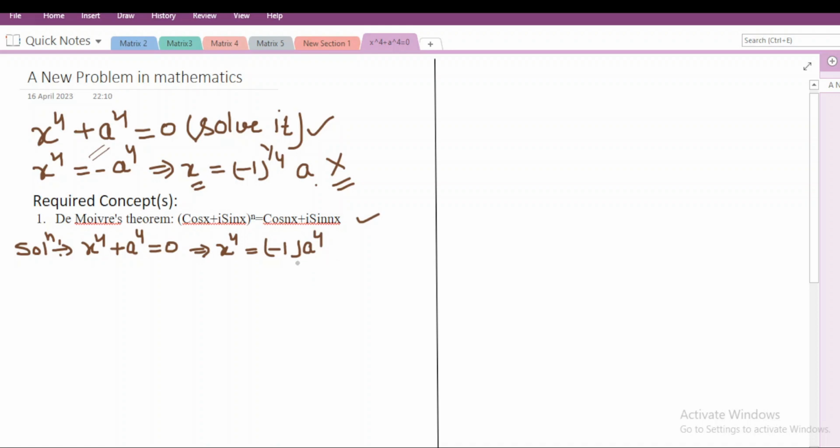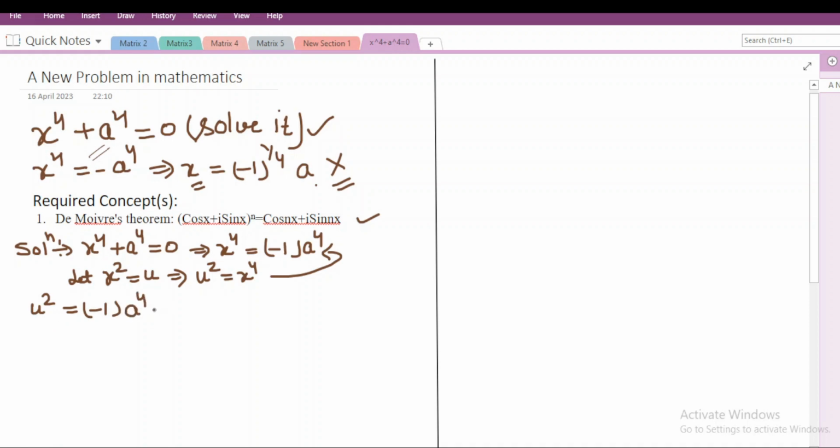Now in order to solve this problem, we consider x square equals u. That means u square equals x to the power 4. Put this value in this equation, we will have u square equals minus 1 a to the power 4.